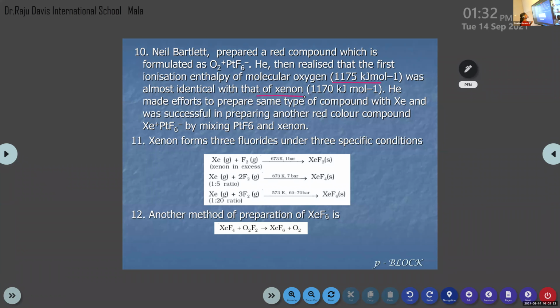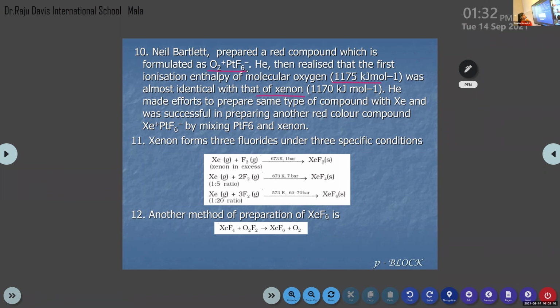Then he made efforts to prepare the same type of compound with xenon instead of oxygen. Here you can see oxygen, platinum and fluorine, right? And when he checked, the ionization enthalpy of oxygen is nearly equal to xenon. So instead of oxygen, he tried to prepare a compound using xenon.